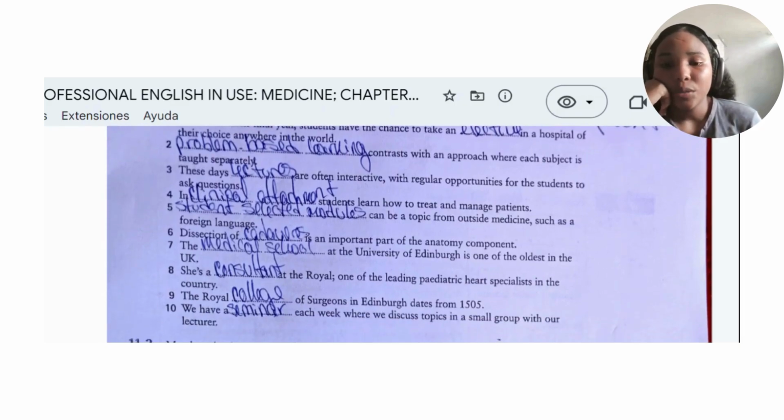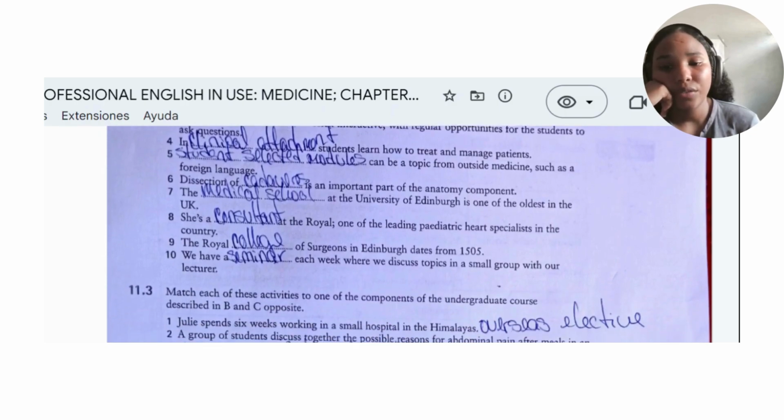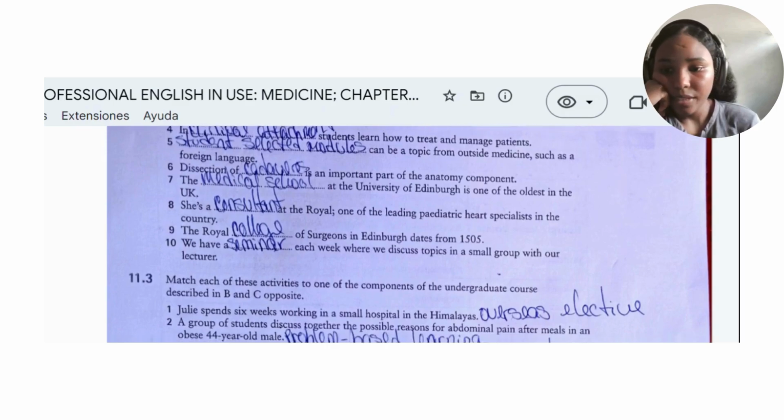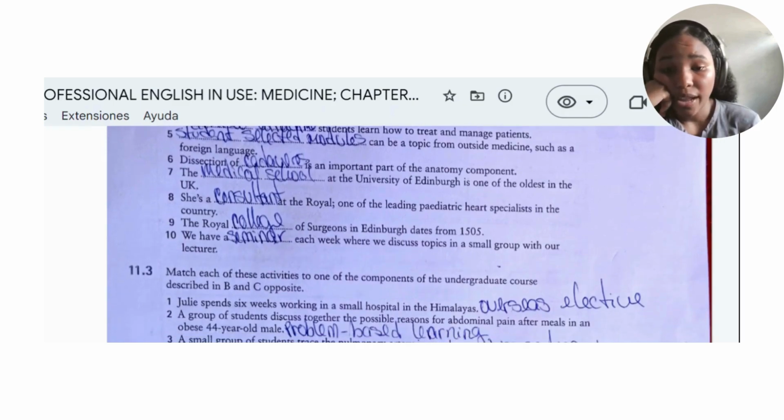In clinical attachments, students learn how to treat and manage patients. Student-selected modules can be on a topic from outside medicine, such as a foreign language. Dissection of cadavers is an important part of the anatomy component. The medical school at the University of Edinburgh is one of the oldest in the UK.